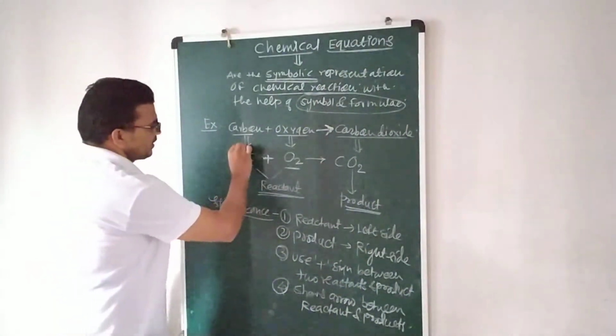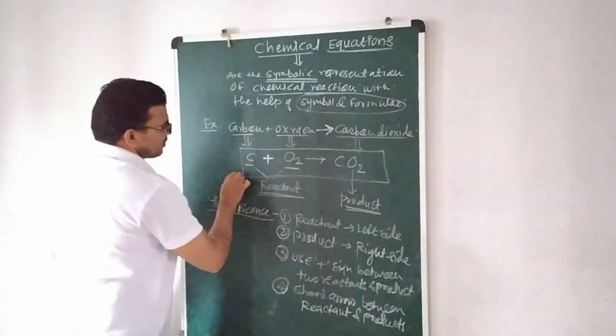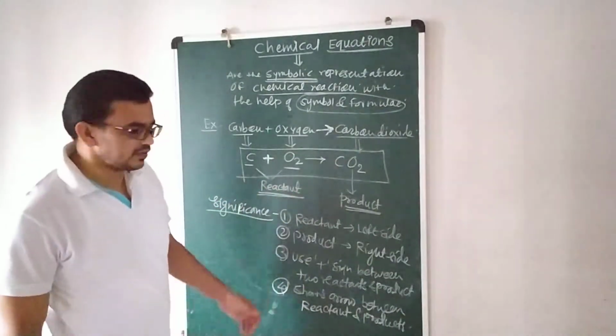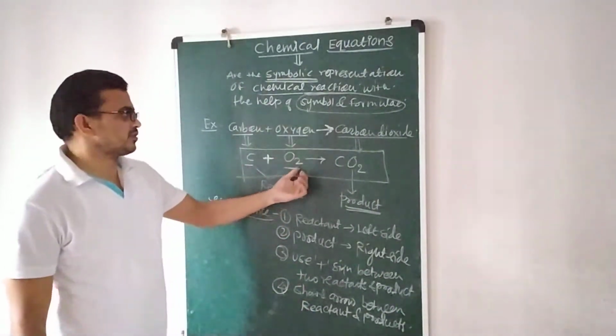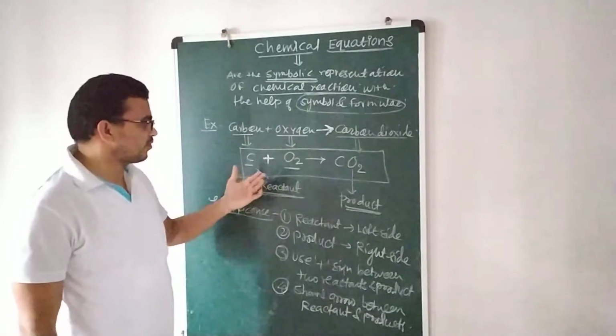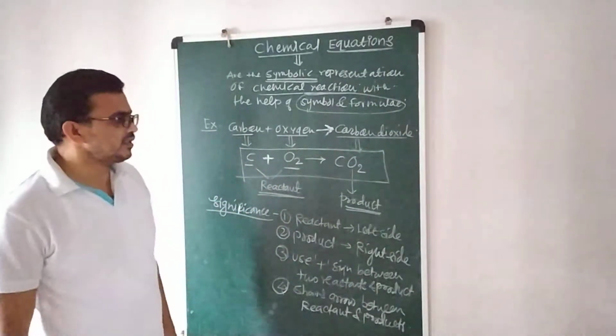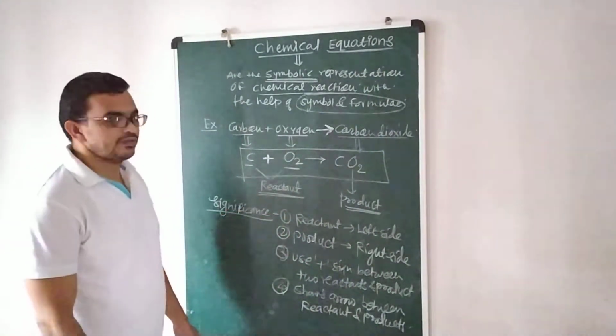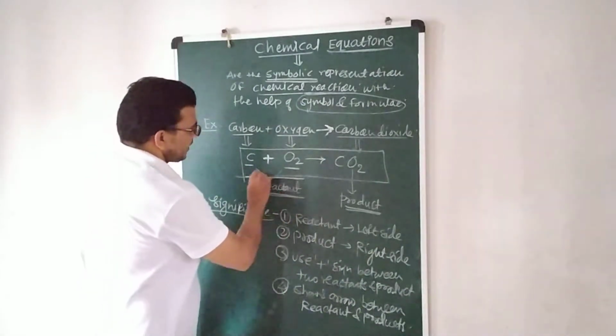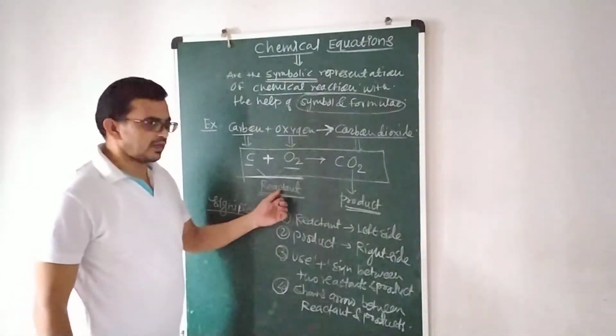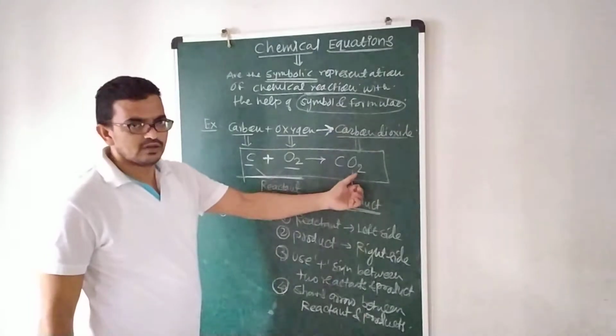See here once again. C plus O2 gives CO2. This is our general equation we have prepared from the above example. The important thing in the significance of chemical equations is that this is the part of the reactant and this is the part of the product.